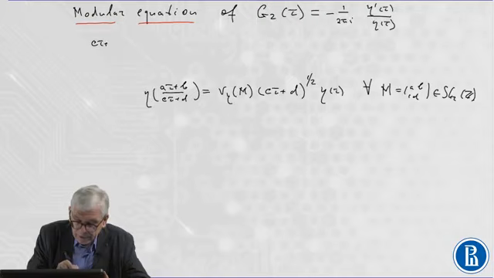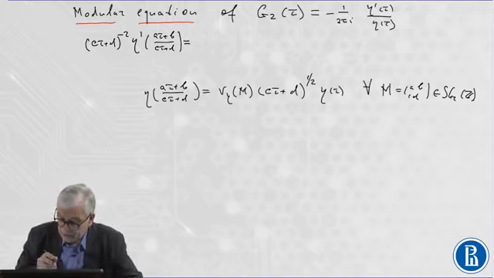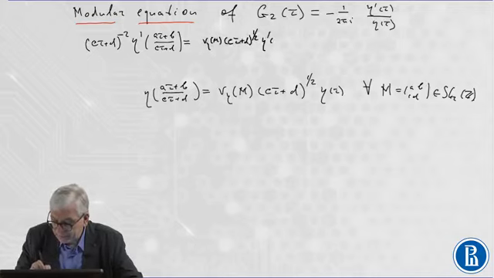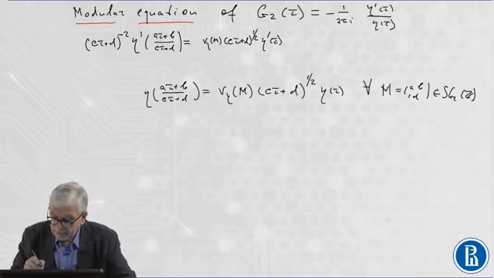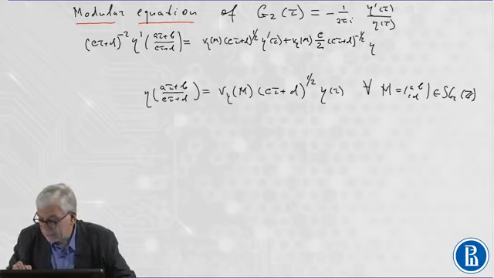So what we get: c tau plus d to the power minus 2 times eta prime of (a tau plus b over c tau plus d) is equal, without any changes, to v_eta(M), the multiplier factor, times eta prime of tau, plus v_eta(M) times c over 2 times c tau plus d to the power 1/2 eta of tau.